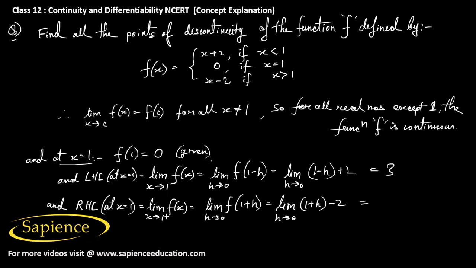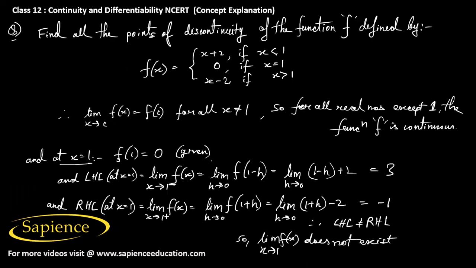If we put h equal to 0 here, this becomes 1 minus 2, which is minus 1. So we can see that the left hand limit is not equal to the right hand limit. So the limit as x tends to 1 of f of x does not exist.